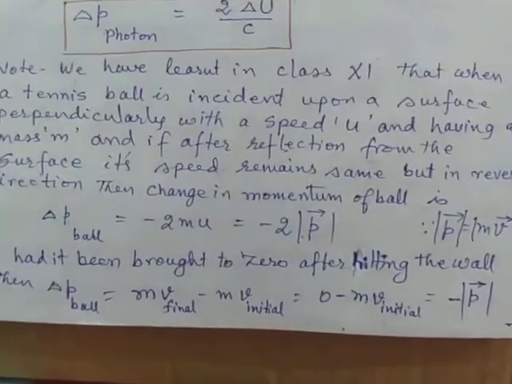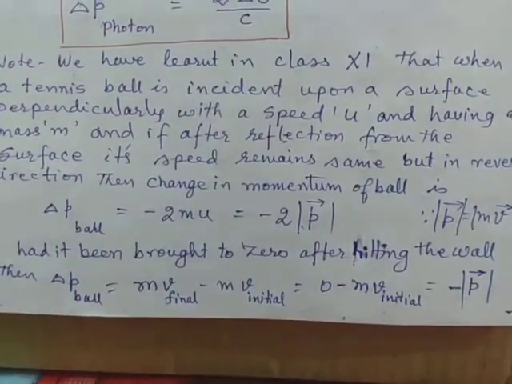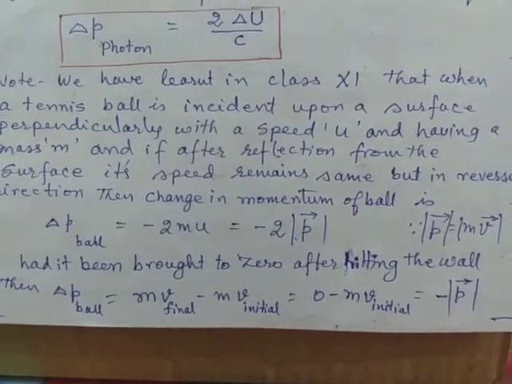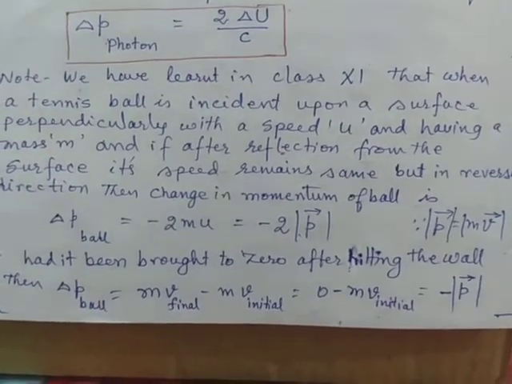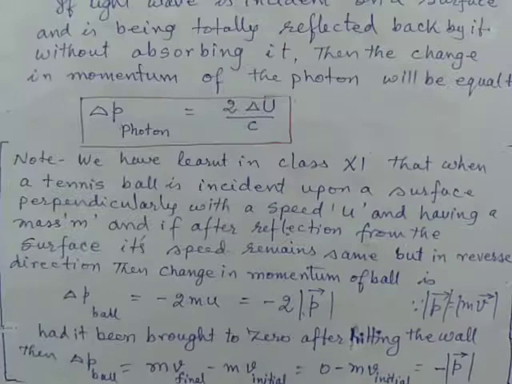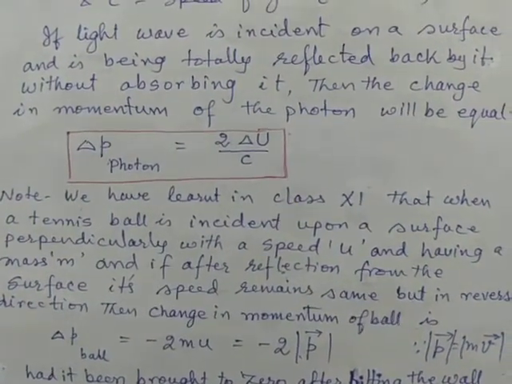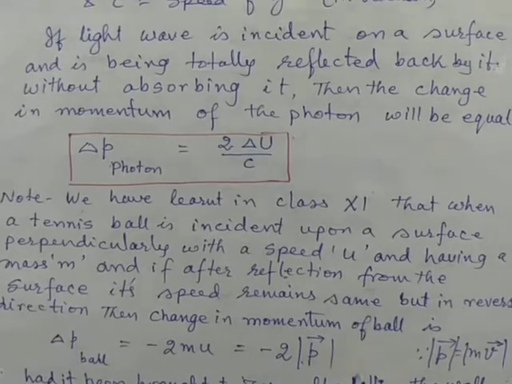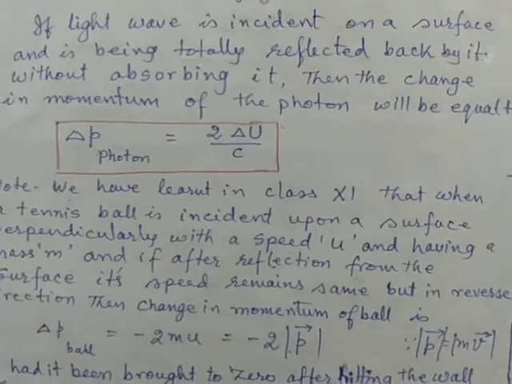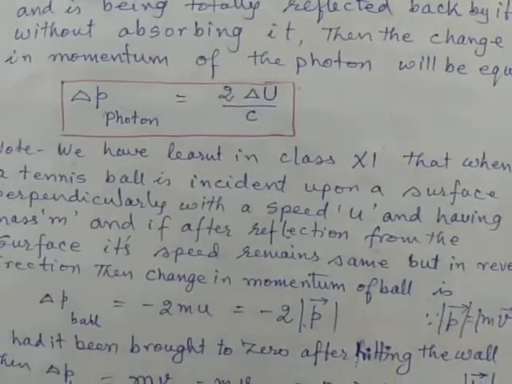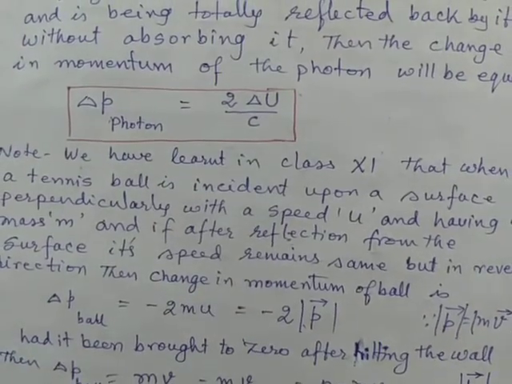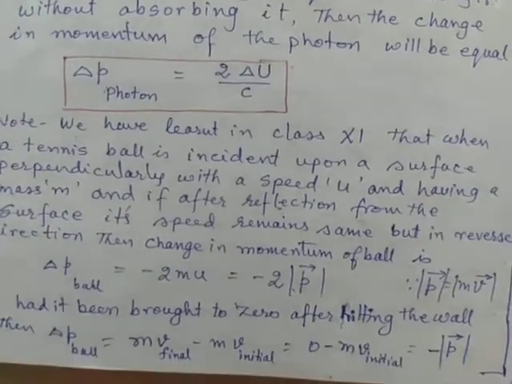In that case the change of momentum of the ball was found to be twice the initial momentum, that is minus 2mu, and therefore we can apply the same thing here. When the light ray returns from the surface with the same speed but in the opposite direction, the change in momentum will be twice delta U by C. This is the change in momentum.